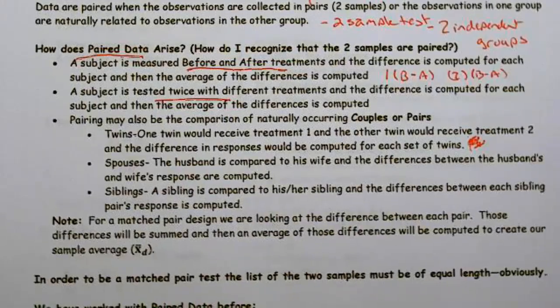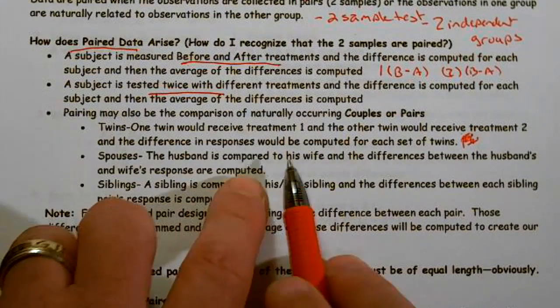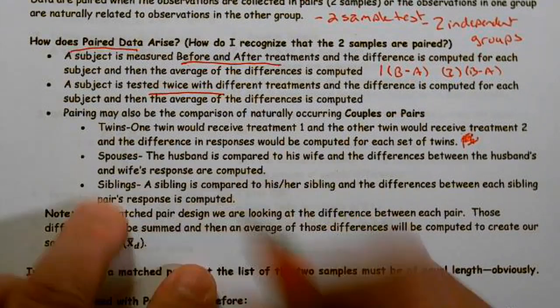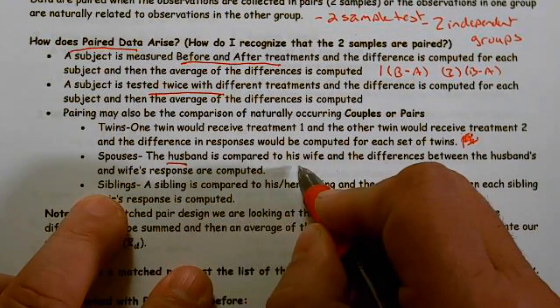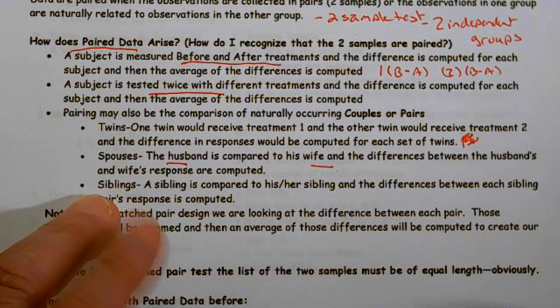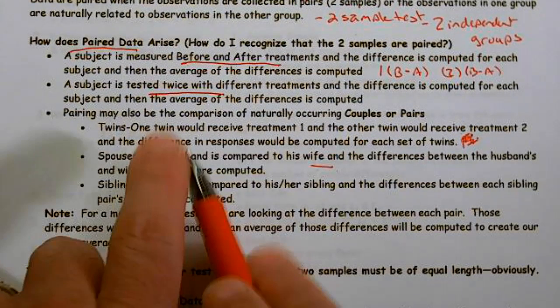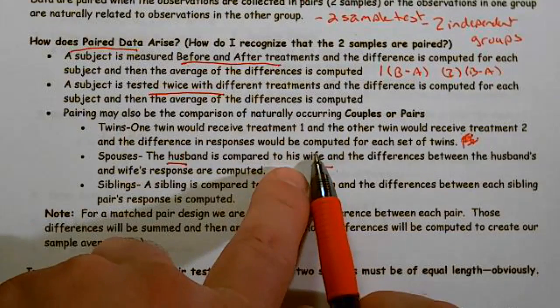We might also do something with spouses, where we can compare a husband to his wife. Now, be very careful about this. Husband to his wife is a paired test because there's a natural couple there. But if I just compare married women to married men, that's not a couple situation. It has to be the husband matched to his wife.